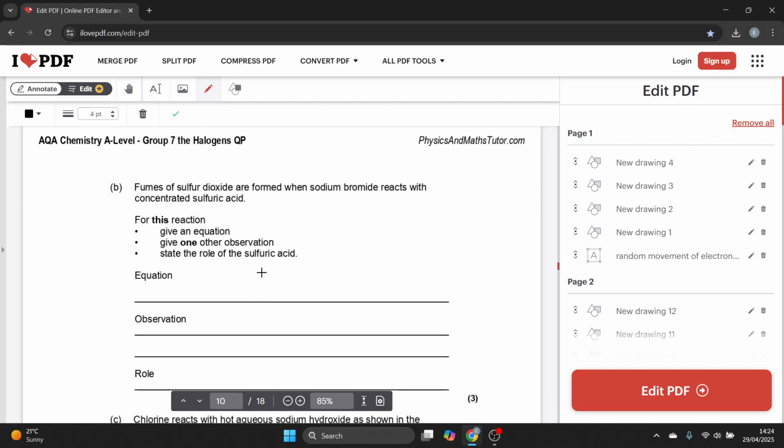Fumes of sulfur dioxide are formed when sodium bromide reacts with concentrated sulfuric acid. For this reaction, give an equation, give what other observations, and state the role of sulfuric acid. So give an equation for this reaction.